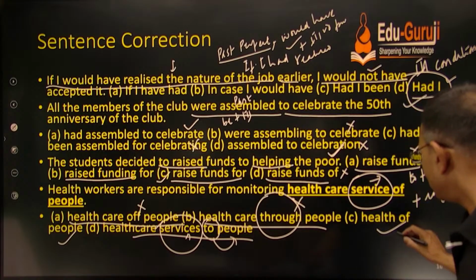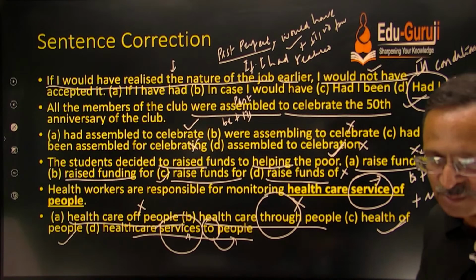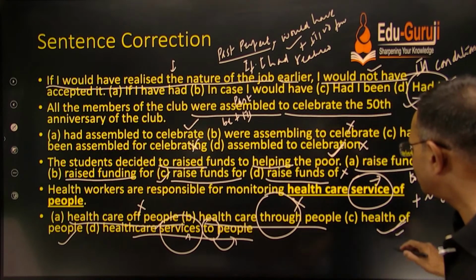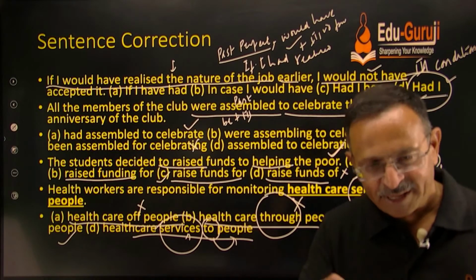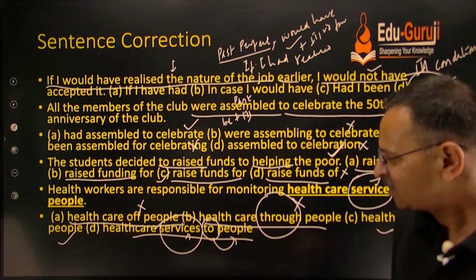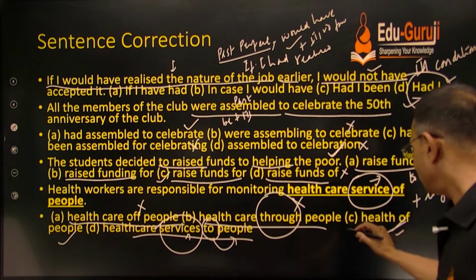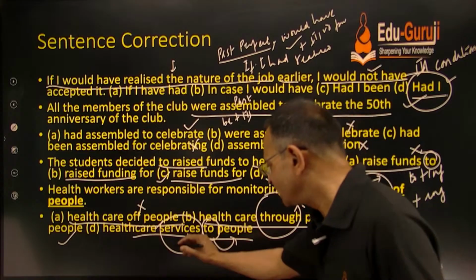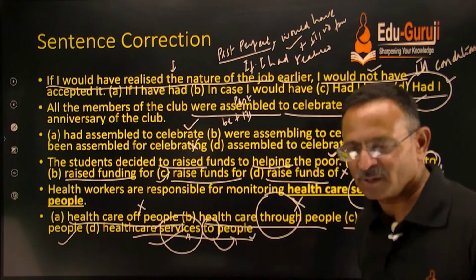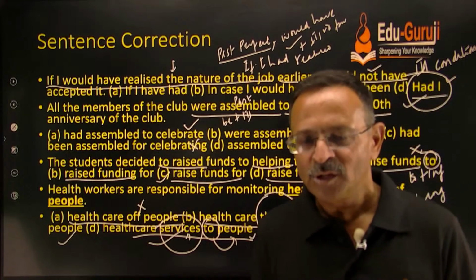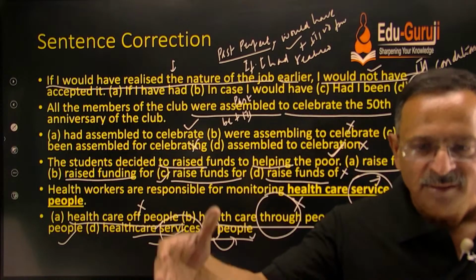One may say, of course, how "of" is possible, but we are not here to monitor the health of the people. We are providing services to the people. So the correct answer would be health care services to people. So whenever you're using "to," that means we are providing to them.